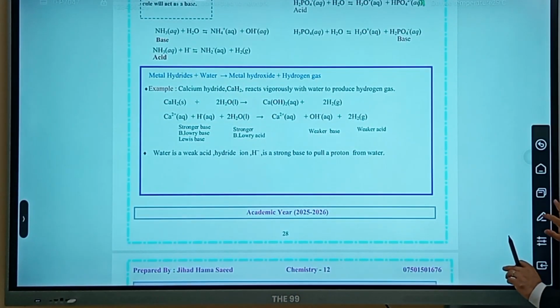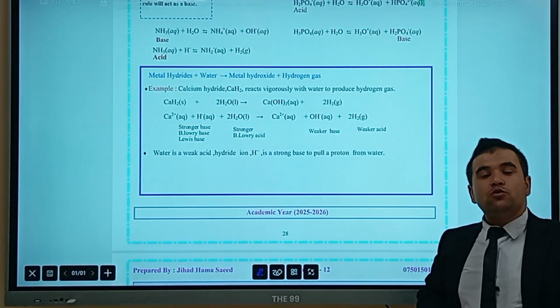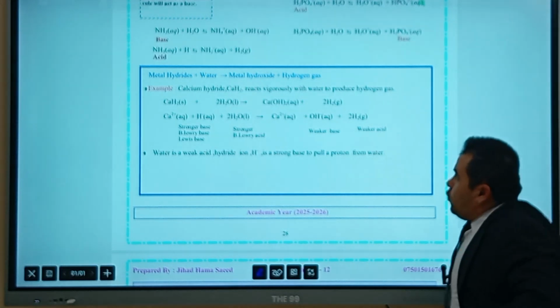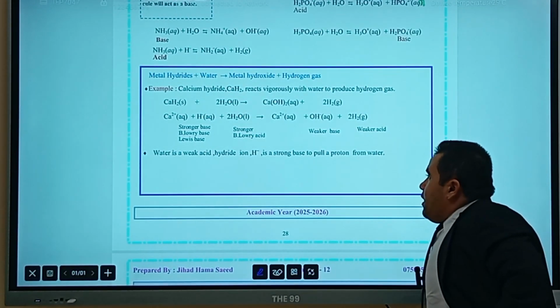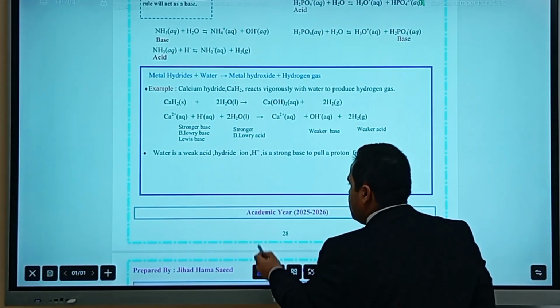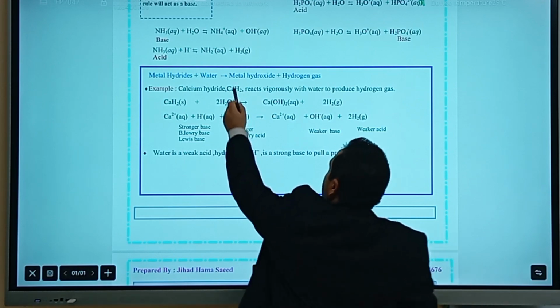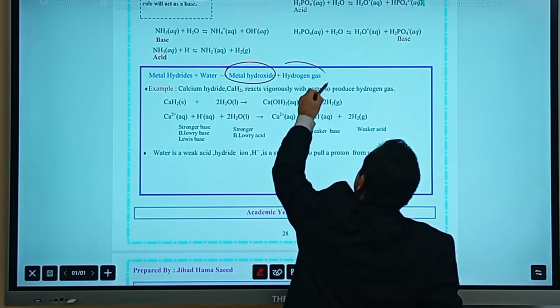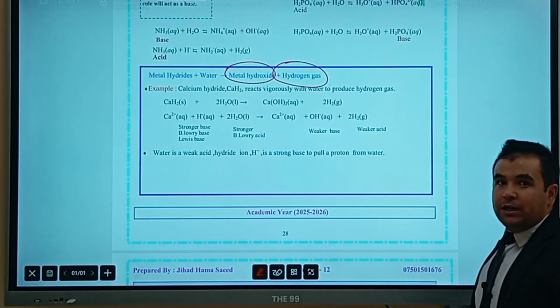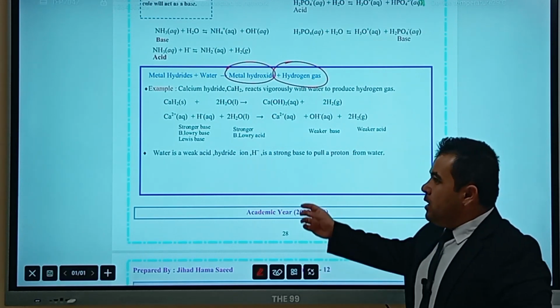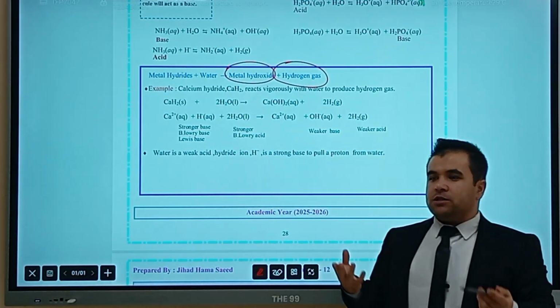We have the reaction of metal hydrides with H2O. Guys, whenever a metal hydride reacts with H2O, the products are a metal hydroxide and hydrogen gas. Here we have an example, but there are several examples.